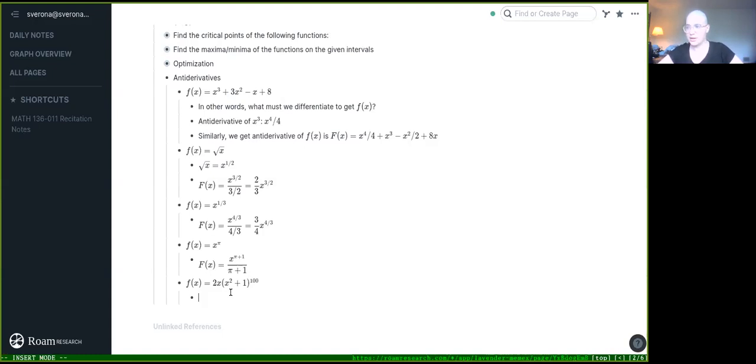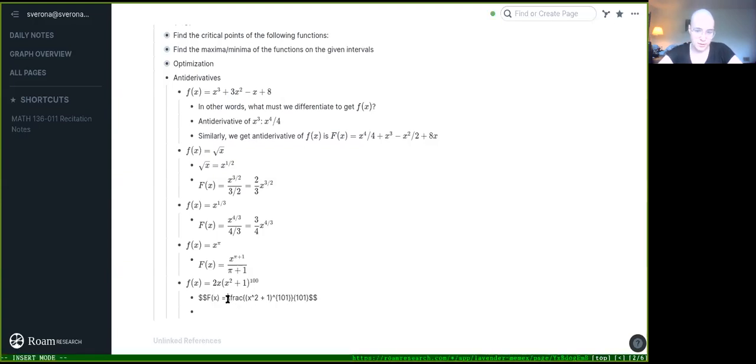So if you like, you could put this in the form of a U sub, but we're going to have plenty of chances to do that later, so I think I'm just going to hold off on that. Equals, so can I say this is x squared plus 1 to the 101 power over 101.